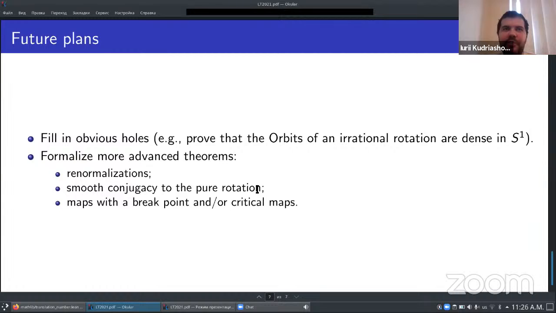For example, if you have an irrational rotation and a map with an attracting point, then not only is this action minimal, but if you perturb this action in C1, then it stays minimal.